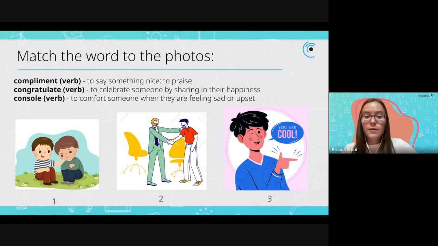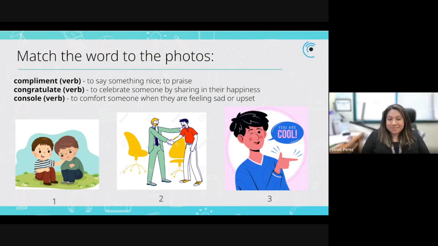Okay, our next vocabulary word is congratulate. Congratulate. It is a verb. It's something that you do. It's to celebrate someone and by sharing in their happiness. So if we are celebrating someone, we are doing what? Janet, which picture shows someone congratulating someone else? I think picture 2 shows someone congratulating another person.